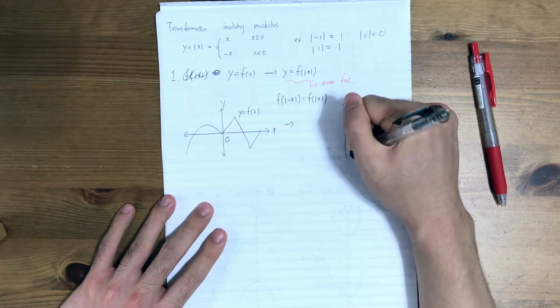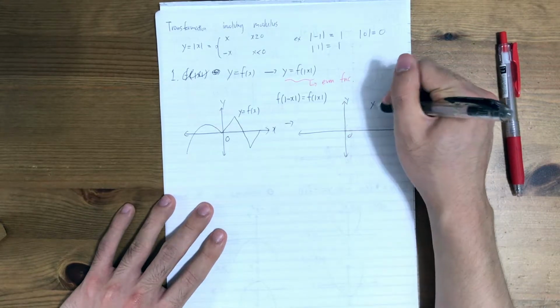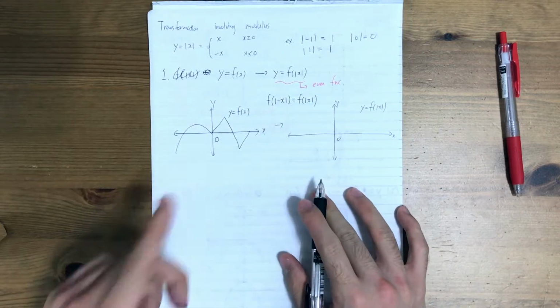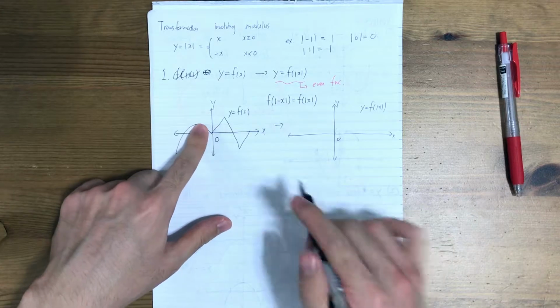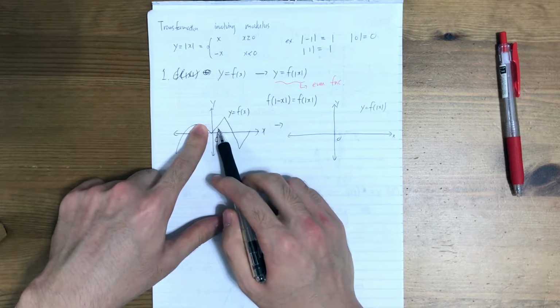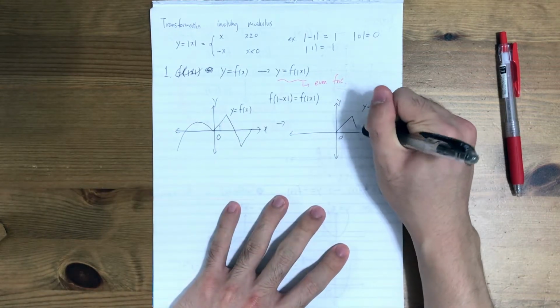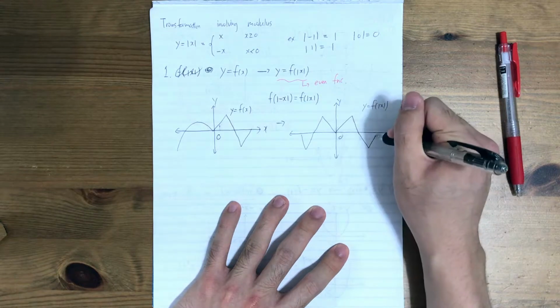Then if you want to sketch y equals f(modulus x), so what we can think is that for every negative value here, we'll have the value of the positive x values, x input, according to this, right? So this is what you should expect.